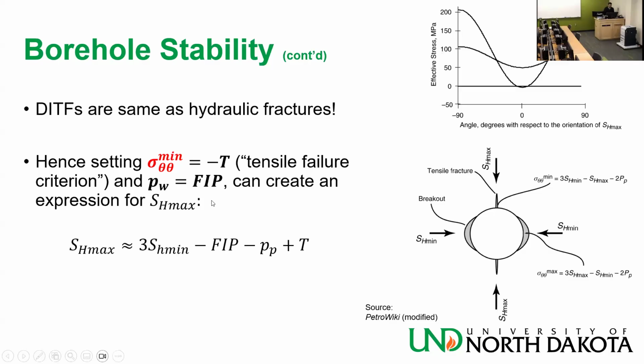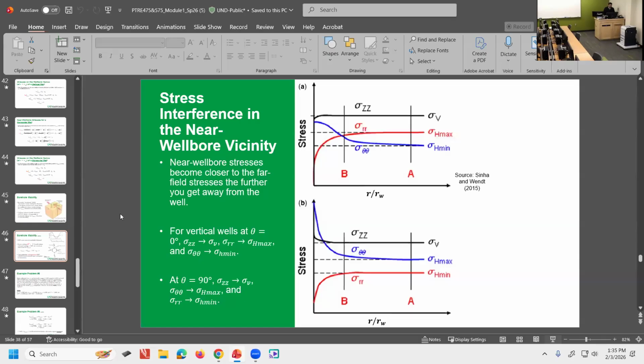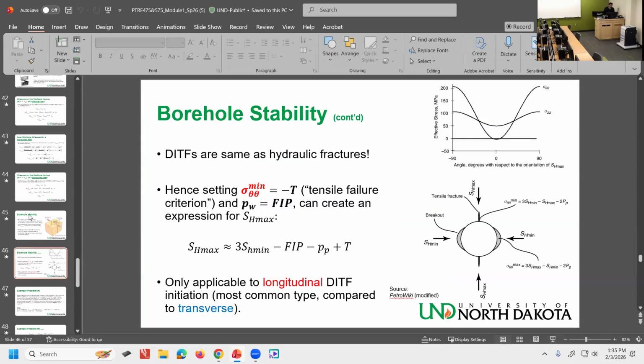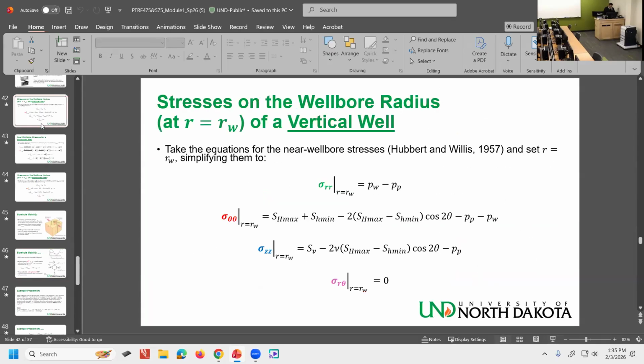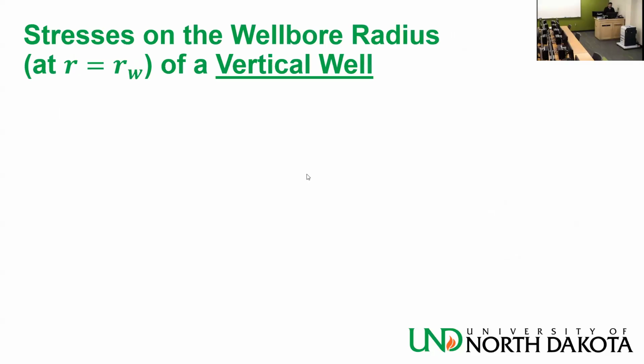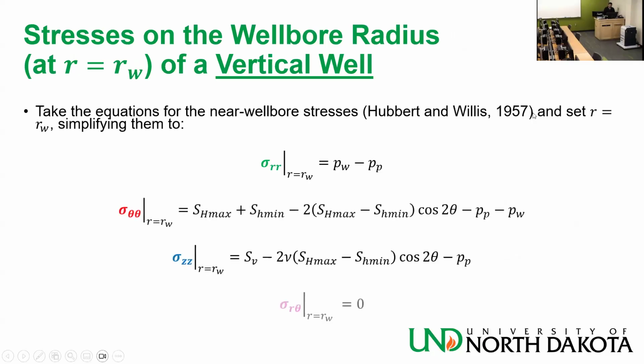We can come back to this equation for the stresses on the vertical well. And remember, we said the criterion is this. This is the criterion I need to satisfy.